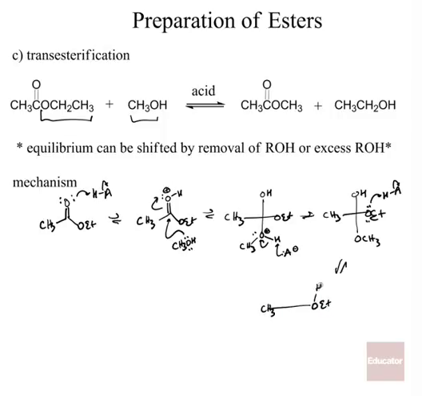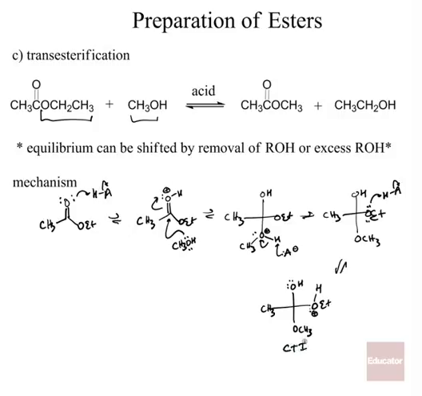Always keeping in mind where we're trying to go is how we can be guided in a mechanism. So I didn't want this CTI because it had methanol as my good leaving group. I want ethanol as my good leaving group. So what I did was I deprotonated down here and I reprotonated up here. Now I'm ready to do a collapse and kick out the leaving group I want to kick out.